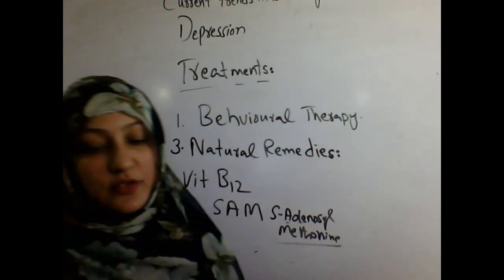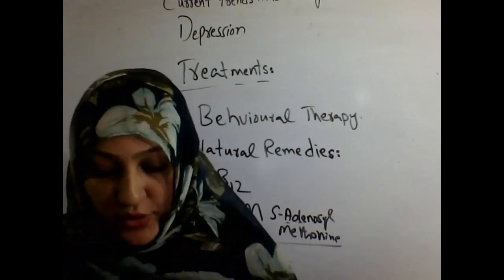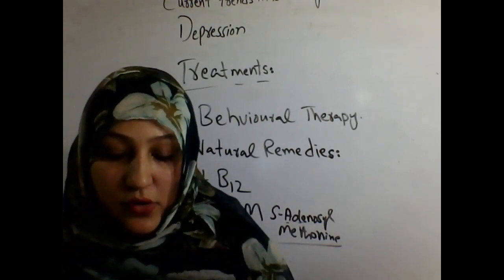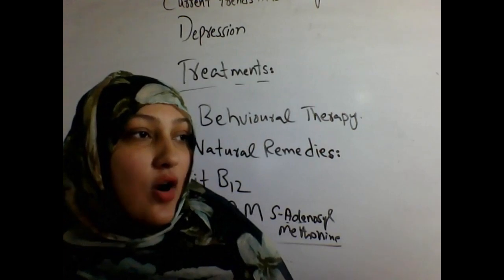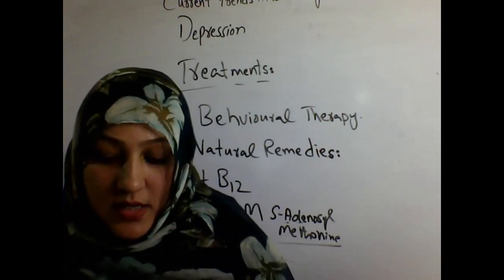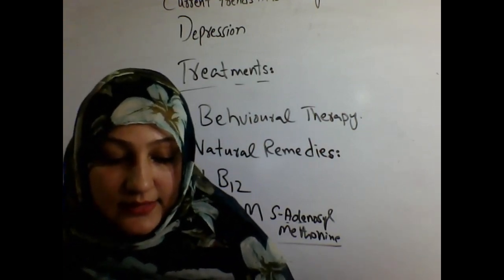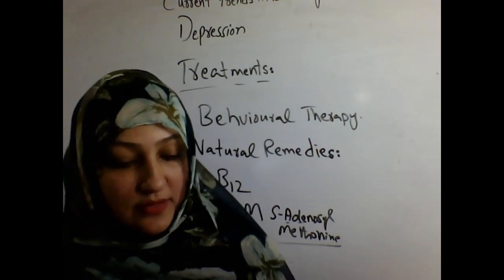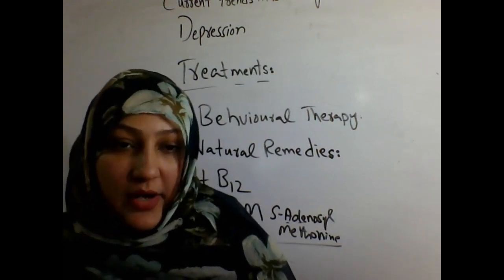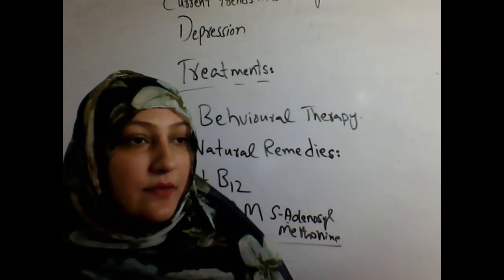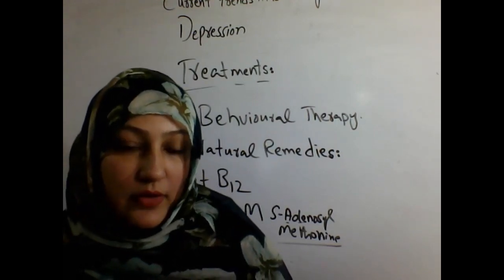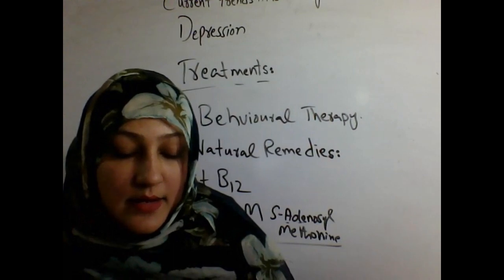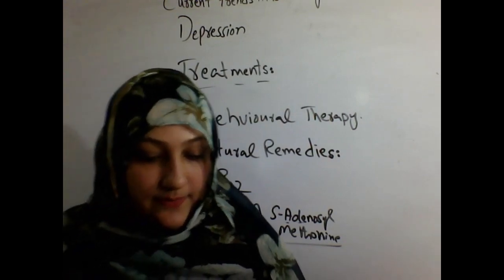S-adenosyl methionine is used to process other chemicals that affect your mood. The toxic chemicals can be processed by using S-adenosyl methionine, and this is produced with the help of vitamin B12. If the vitamin B12 level of the patient is lower, then it leads to depression.